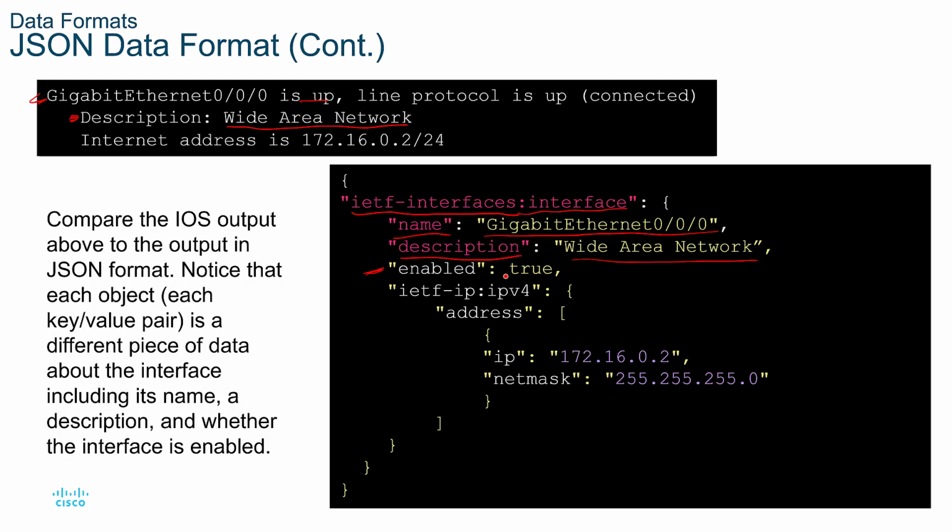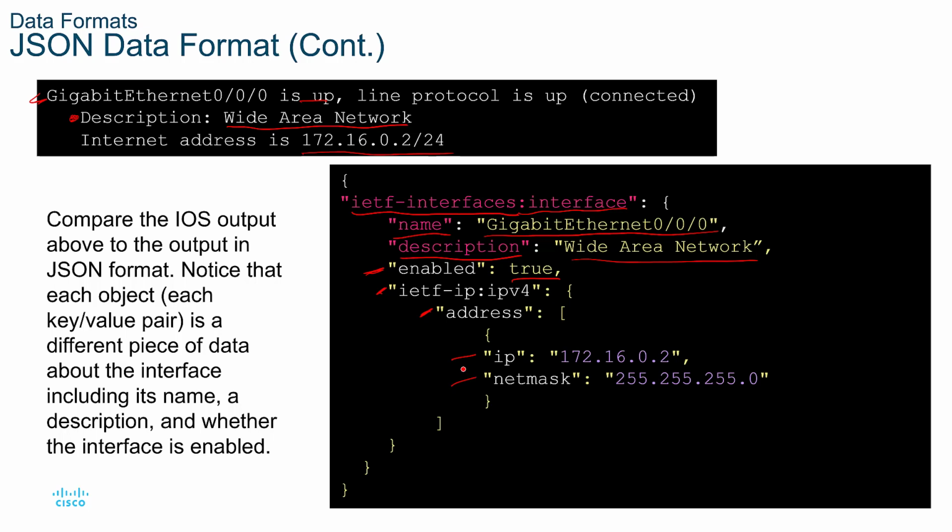It's enabled. Value's true. Is there an IPv4 address? This identifies that there is an address, so that's why that is there. Then it looks at the IP address and separates it into IP and subnet or net mask. So we can take a single line of iOS code or multiple lines of iOS code and we can convert it directly to JSON so that we can see the overall structured format.